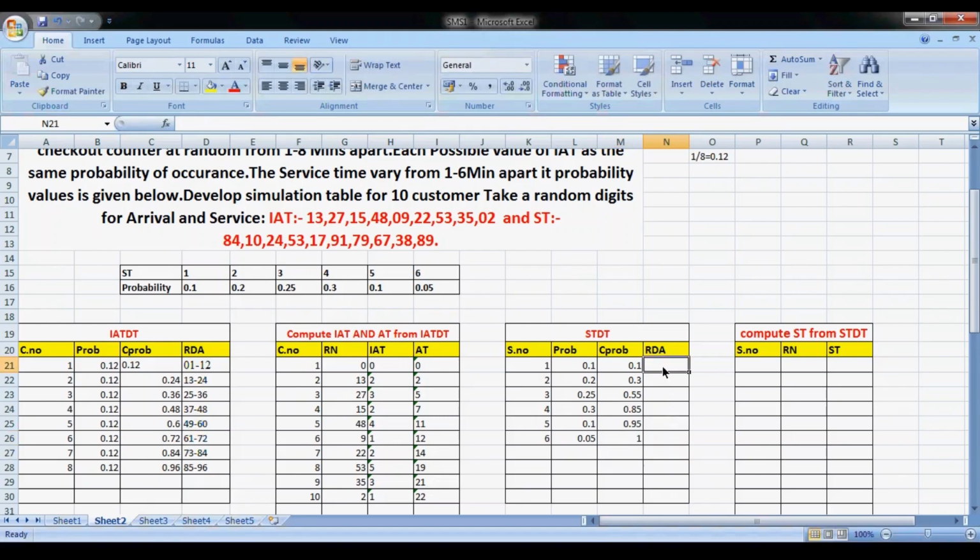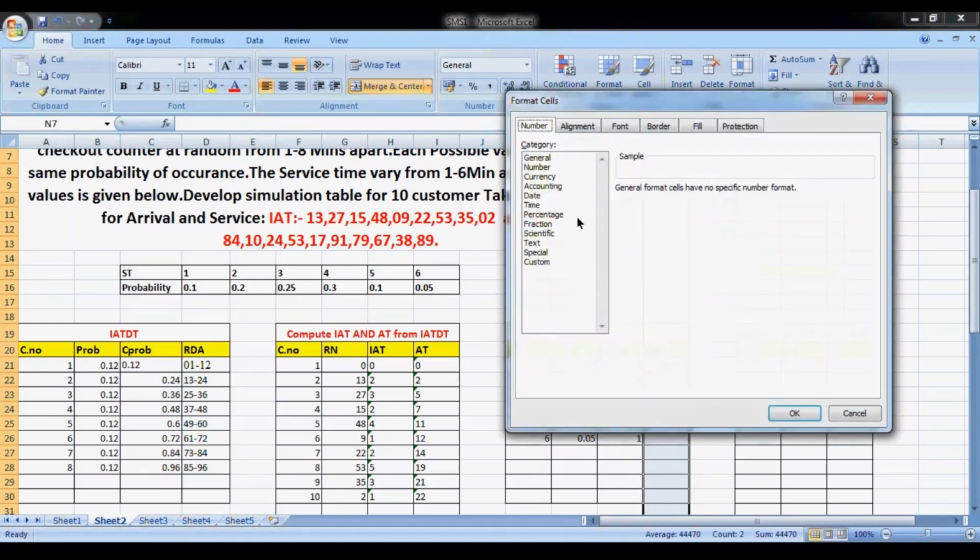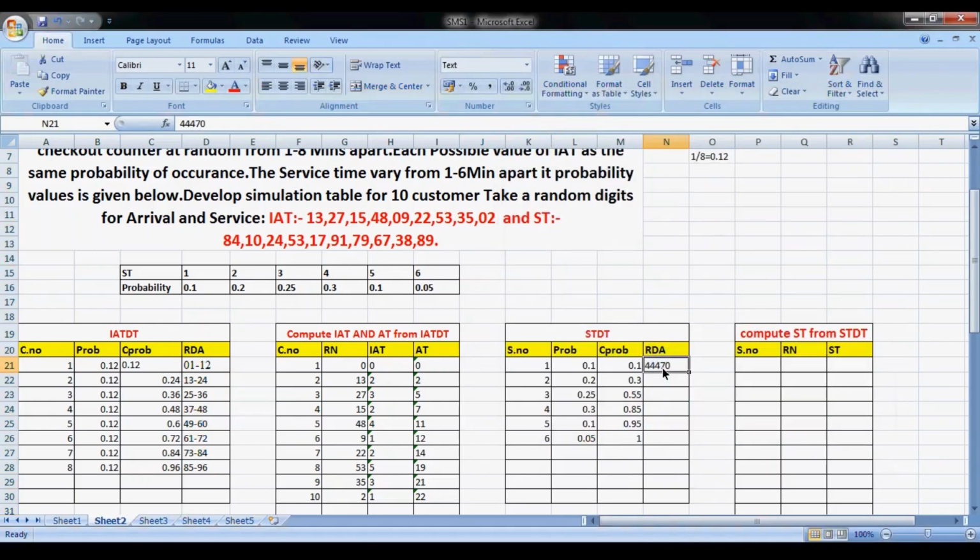Next, we need to assign the random digit assignment for the service number. For the first one, the range is 1 to 10. For the second one, the cumulative probability is 30, so 11 to 30.